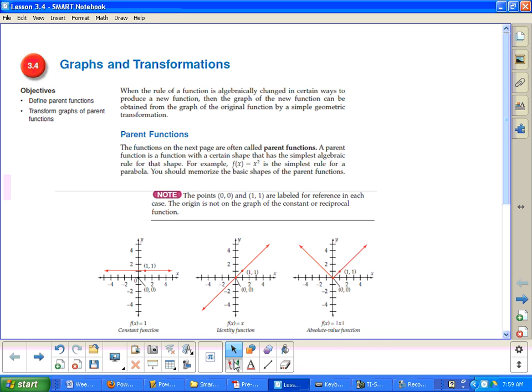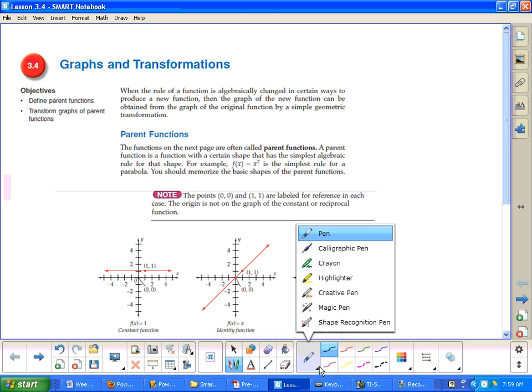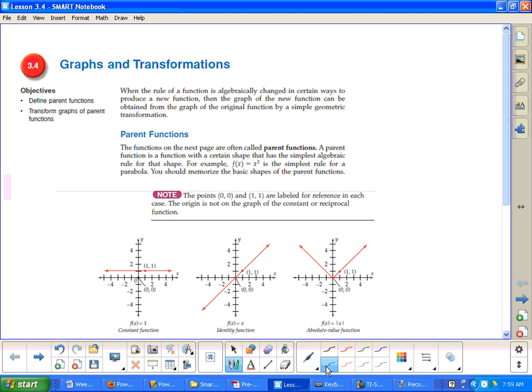So this form we were working with for the quadratics, f of x equals a times (x minus h) squared plus k, is transformation form, because we've taken the parent function x squared and moved it horizontally h and vertically k.